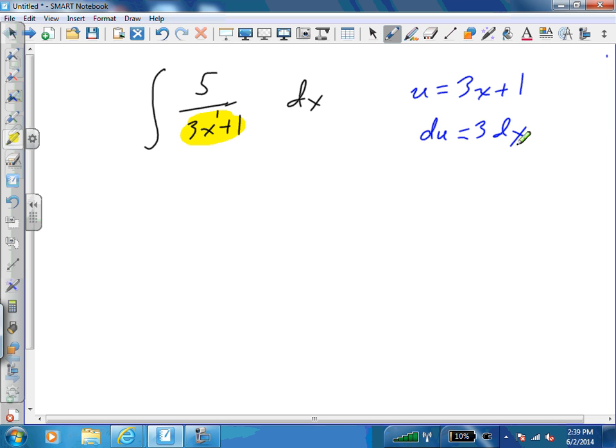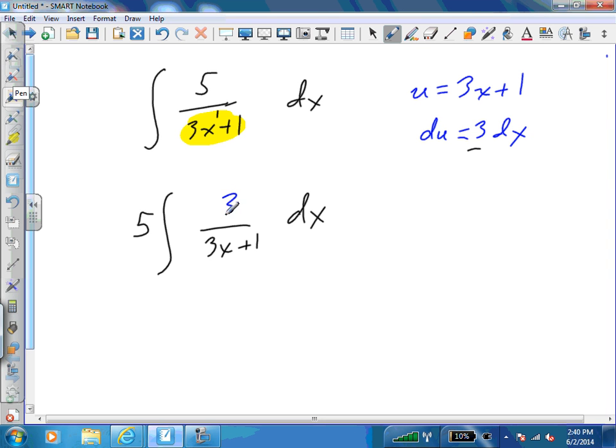We need 3 dx. We actually have 5 dx. Well, we can fix that pretty easily. Pull the 5 out front. If we want 3 dx, we got the dx, what do we need inside to make 3 dx?